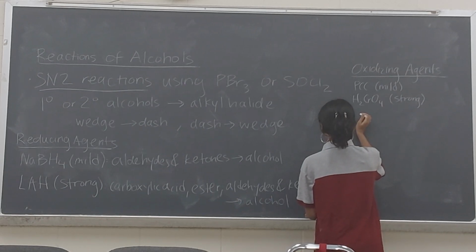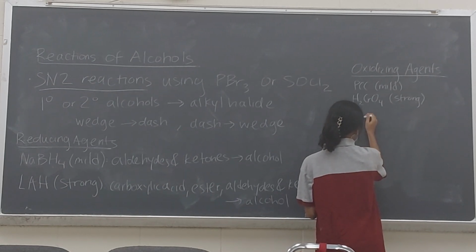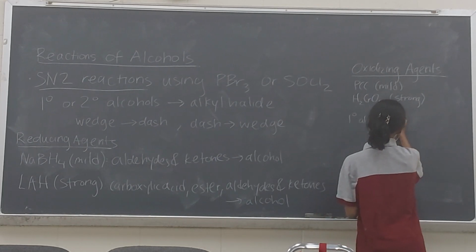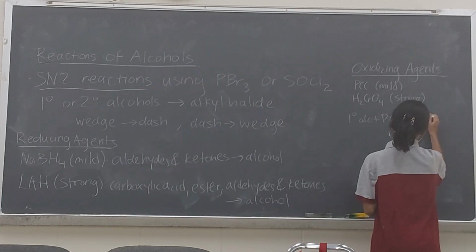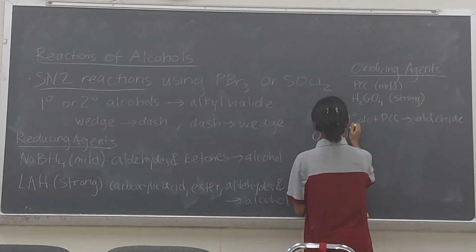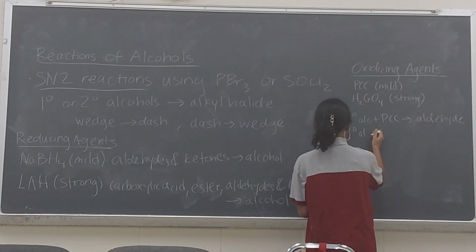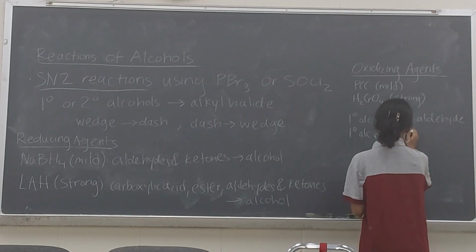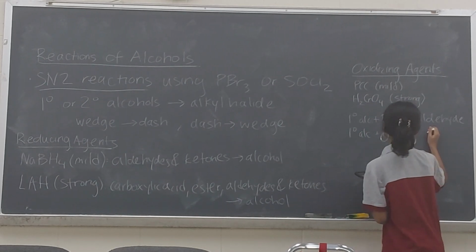And the rules for these are that a 1 degree alcohol with PCC will become an aldehyde. A 1 degree alcohol with chromic acid will become carboxylic acid.